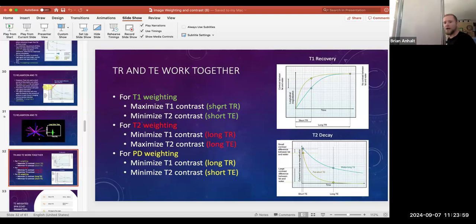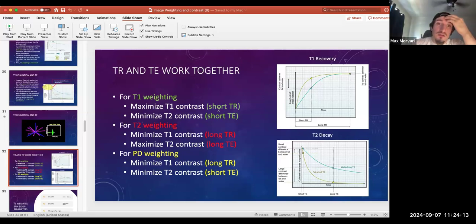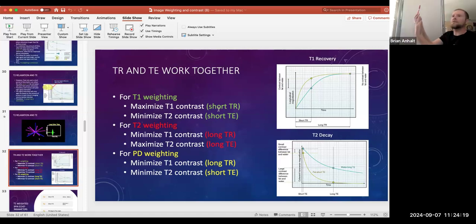Why do we have a long TR in a T2 weighted image? What does TR do? It increases T1 contrast. Minimizes T1 contrast. By allowing for full longitudinal recovery, right? So we want all tissues to be fully recovered before we excite again.